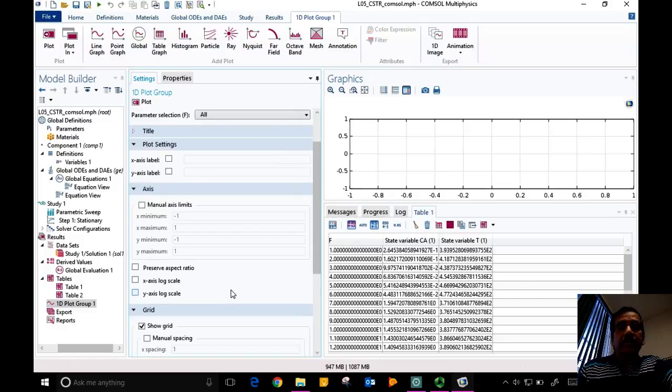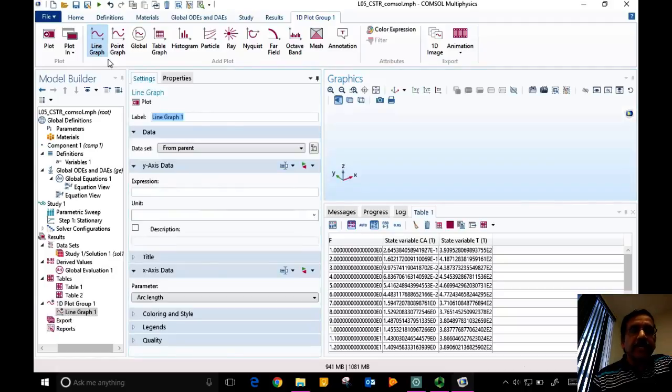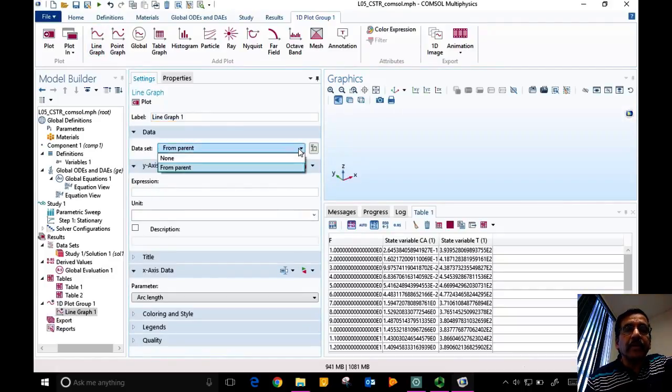Line plot on top. Oh, on the top. The line graph. Yeah, the notification bar on top. There's an option called line graph. On the toolbar. Line graph. Yeah, sorry. I see. That will add. But it is already added. Select it. Yeah, you can select it from parent.